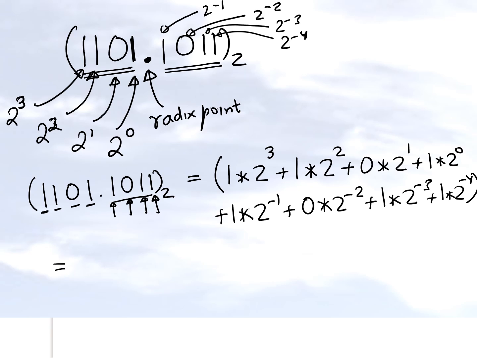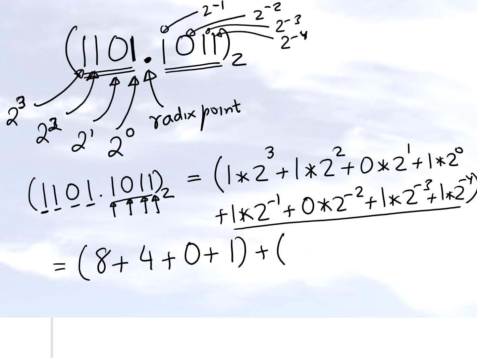So if we expand this, we get 8 from the first one, then we get 4, then we get 0, and then we get 1. And from the fractional part, we get 0.5, we get 0, we get 0.125, and then from here we get 0.0625.